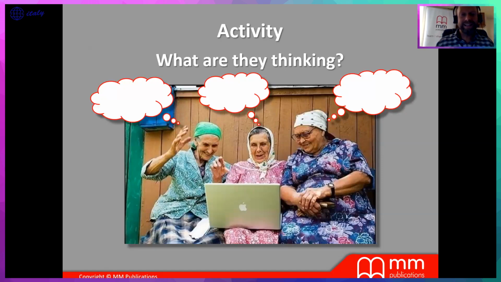It can also be done in something which is less time demanding, especially if you want to have a warm-up activity, if you want to introduce a specific new lesson to your students. So it can be something like this. What are they thinking? Select an image, get them attracted to the image, find an image that is very funny for them, for example, that can bring laughter, that can break the monotony of the class.